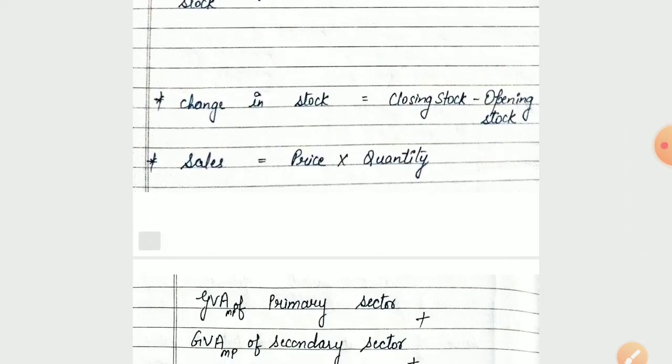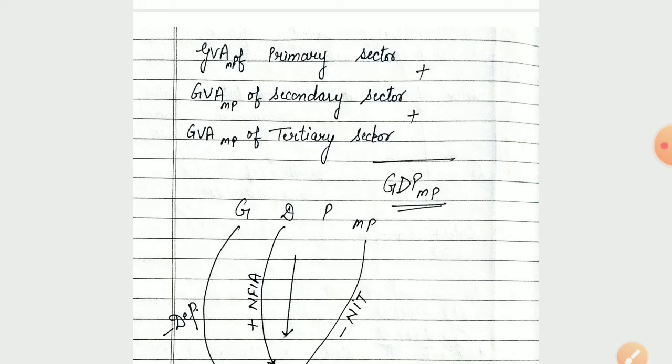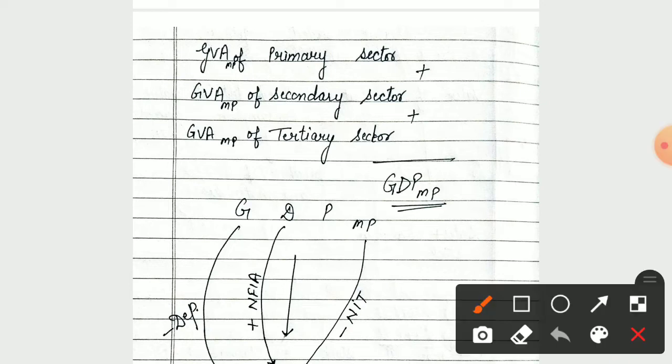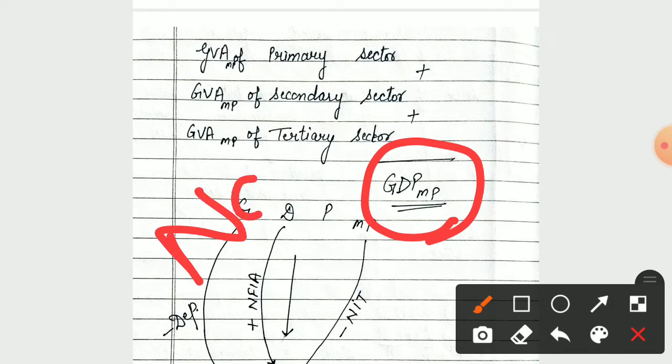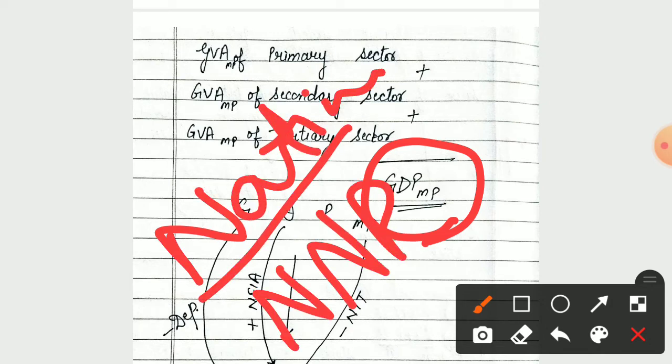Now sales can also be determined by price multiplied by quantity. After that we have to find GDP at MP. In this method, the value added method, firstly you have to find GDP at MP. With the help of GDP at MP, you are supposed to find national income, which means NNP at FC.